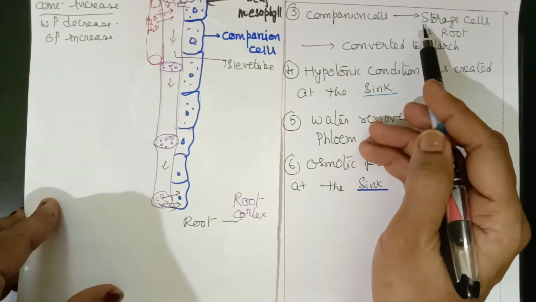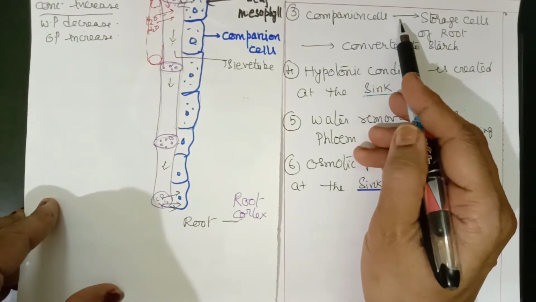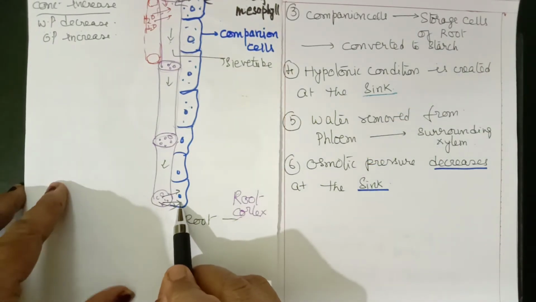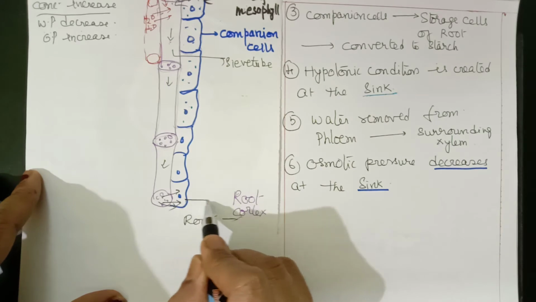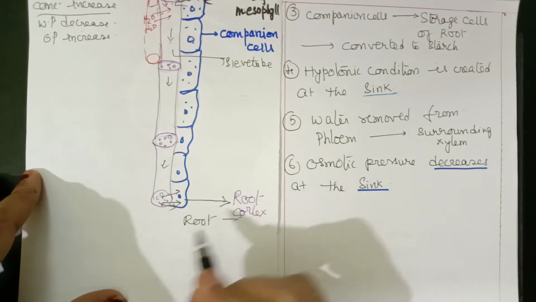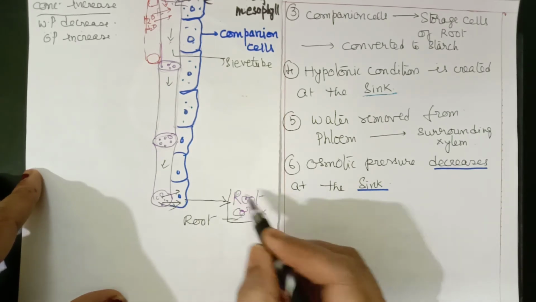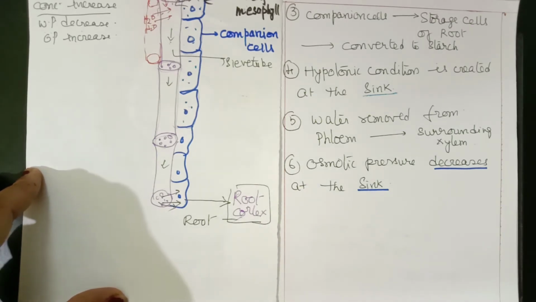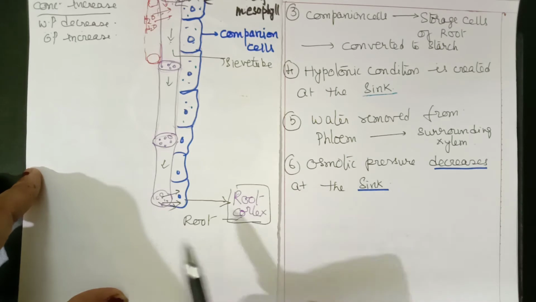From the companion cells, the food is transported for storage. Where is food material stored? In the cortex of the root, food material is stored.